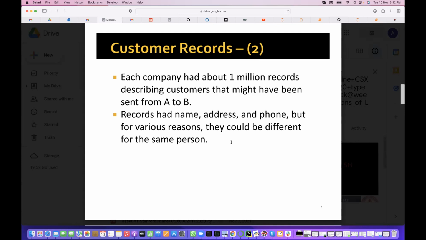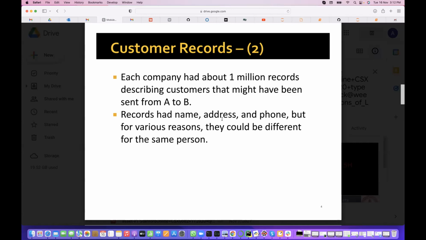You might have changed to some other provider. Now porting is there; earlier porting was not there. If they lose the phone, they lose the number. Or if they change to some other provider, the phone number will change. So it is natural that phone numbers will change. The address also will change, right? By that time people may change their address, or move to some other place from where they were staying earlier.